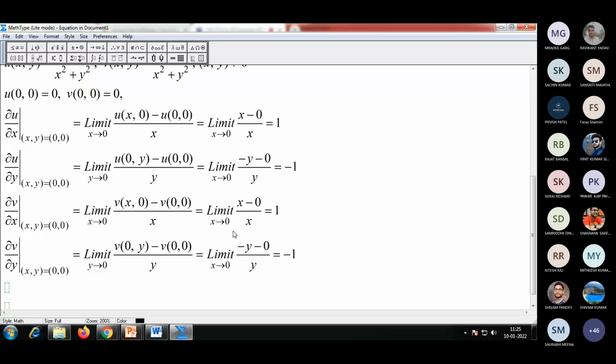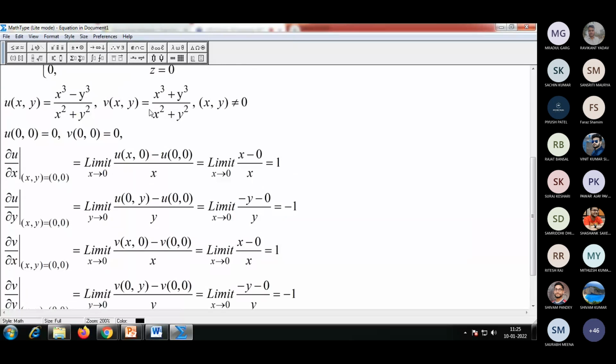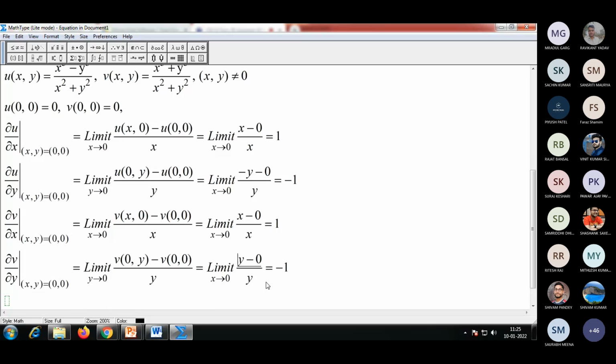Now come to the point v(x, y) is given here, so y is 0, so it becomes x minus 0, it will become 1. And now second one, x is 0, so it becomes y here, and then it becomes 1.